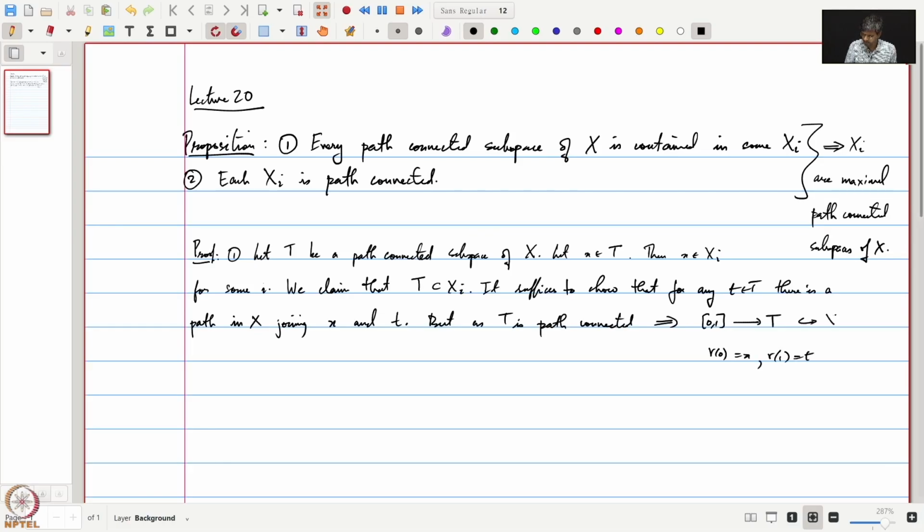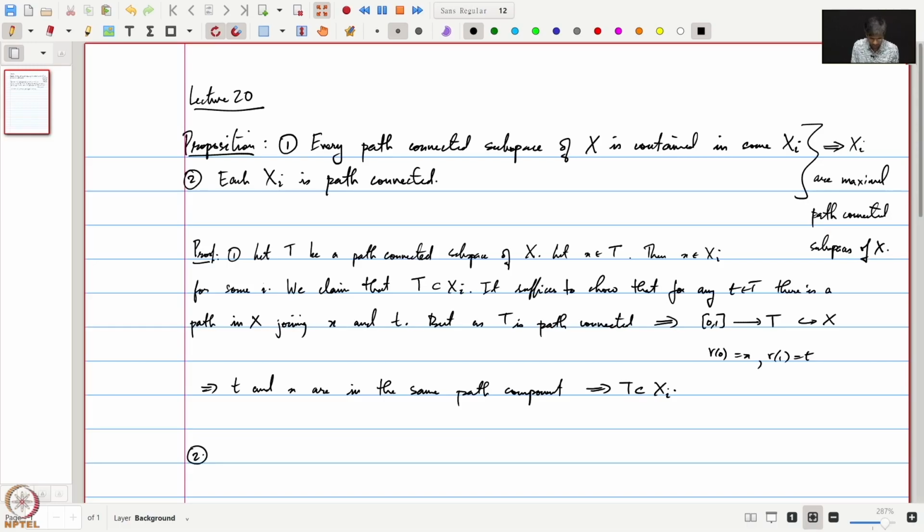But then we can just take the inclusion inside X, which is continuous, and therefore the composite of these is going to be continuous. So this implies that t and x are in the same path component. So this implies that T is contained in Xi. So this proves 1. So we have shown that every path connected subspace of X is contained in some Xi.